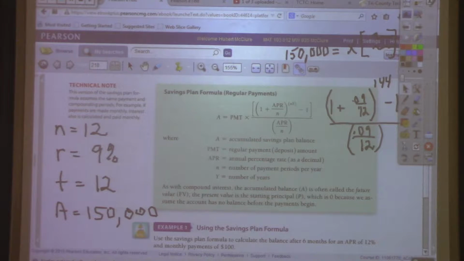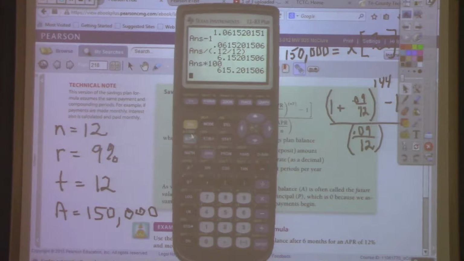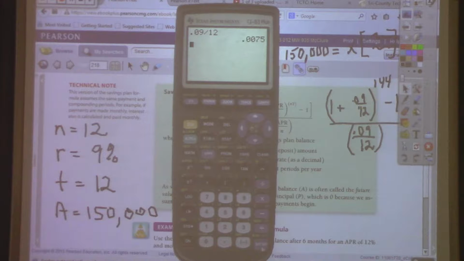So 0.09 divided by 12 plus 1 raised to the 144 power minus 1 is that number, divided by parentheses 0.09 divided by 12.